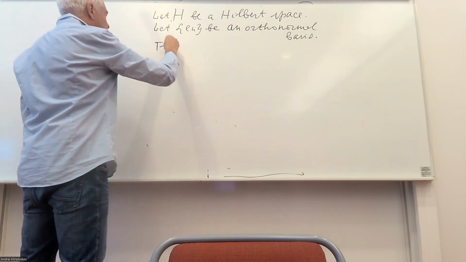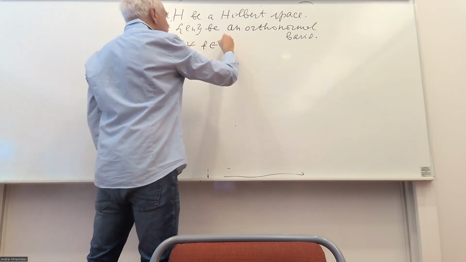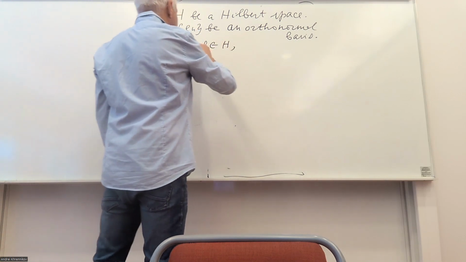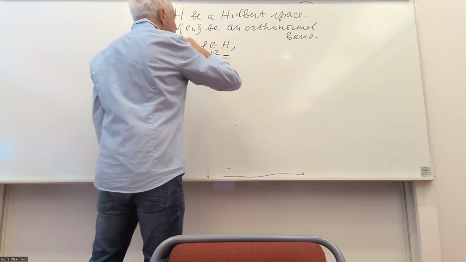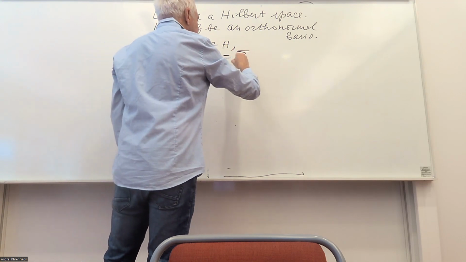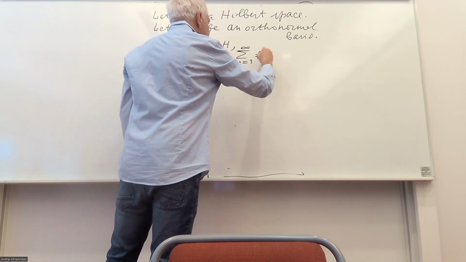Then for any f belonging to H, we have the Parseval equality: the square of the norm is equal to the sum of the squares of the coefficients Fn.